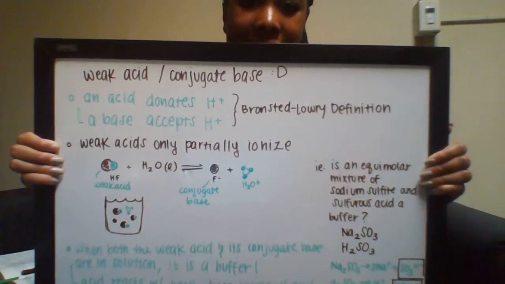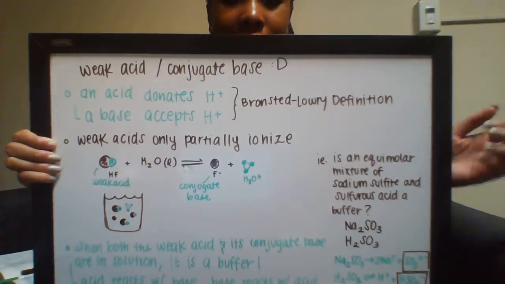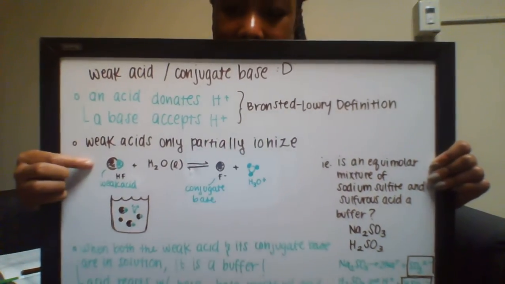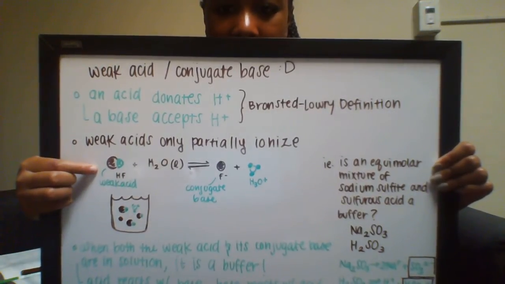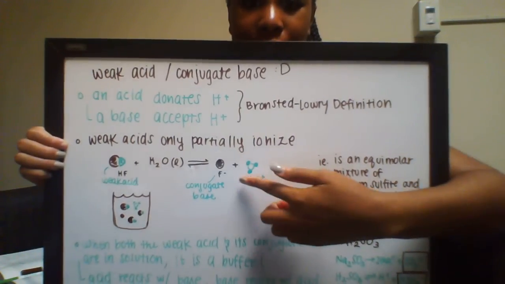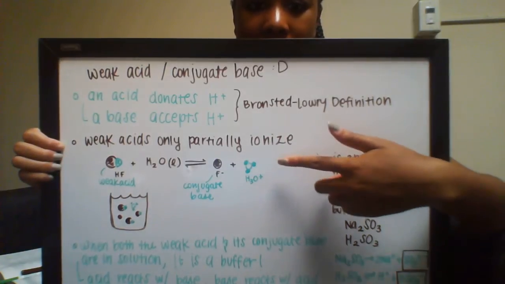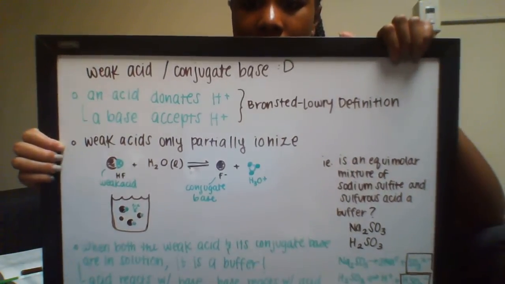When something ionizes, it means that it is breaking up into its little ions. As an example, I showed here a weak acid, hydrofluoric acid, mixed with water, ionizes into fluorine, which is its conjugate base, and H3O plus or H plus.